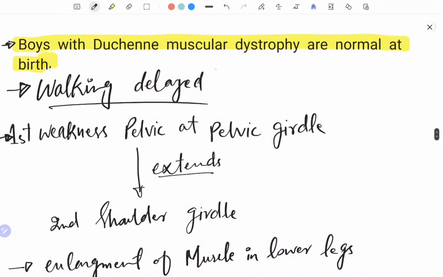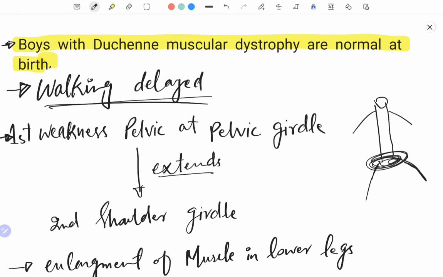Walking is delayed in these boys, and first weakness appears in the pelvic girdle. First, for example, this is a patient, and this is the shoulder girdle, and this is the pelvic girdle, and in this area, the pelvic girdle, the weakness appears.